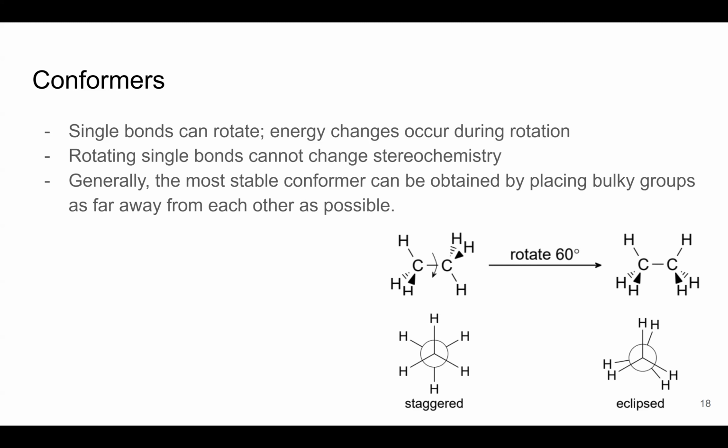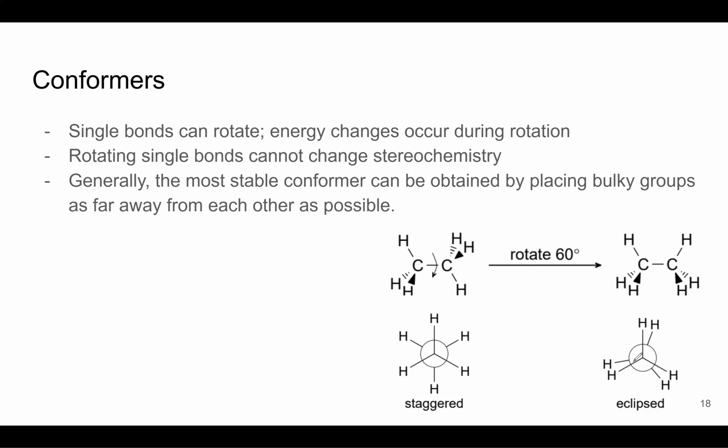Generally, the most stable conformer can be obtained by placing bulky groups as far away from each other as possible. In a Newman projection, in an eclipsed formation, the two hydrogens are on the same line, but you draw them slightly apart to signal to the reader that there are two hydrogens there.